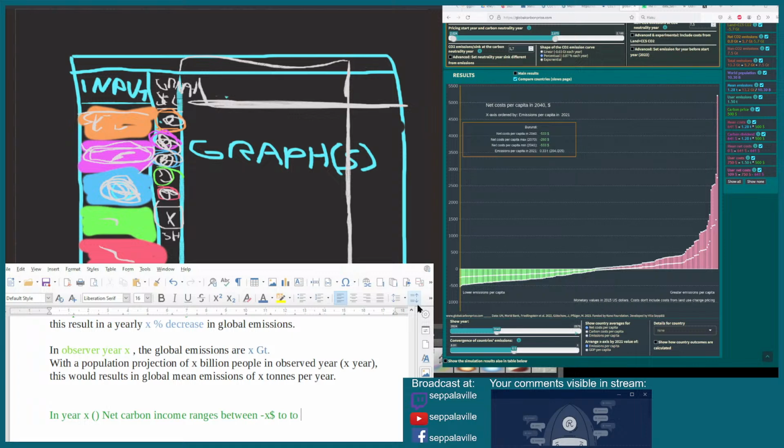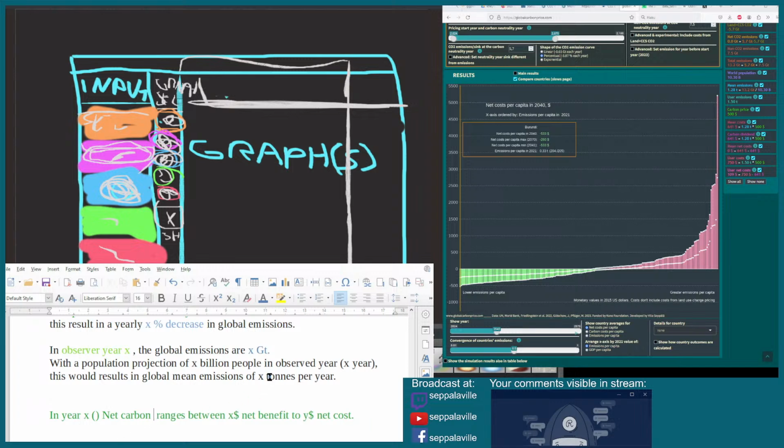I think maybe not. We could drop the minus and just write net benefit. It ranges between X dollar net benefit to X dollar net cost.